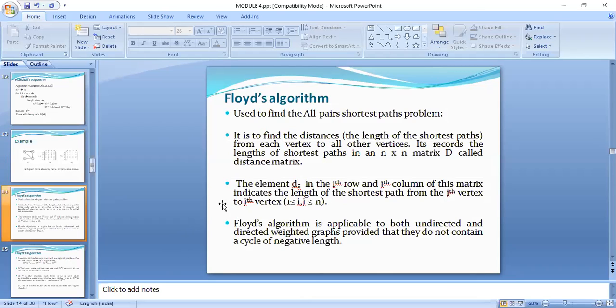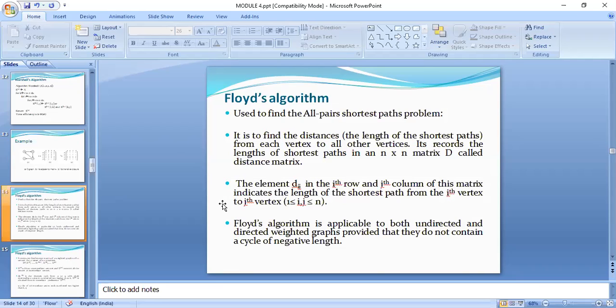We have seen in Warshall's algorithm that whenever you go for a particular problem, in the initial stage, the first stage, we will be taking all the direct values.